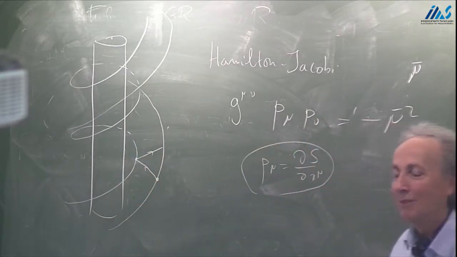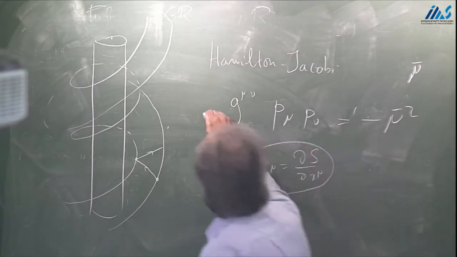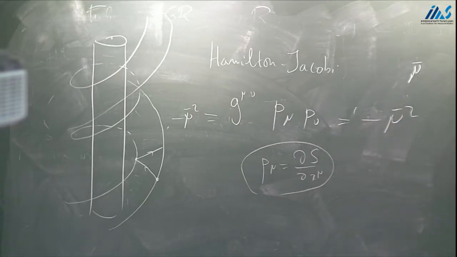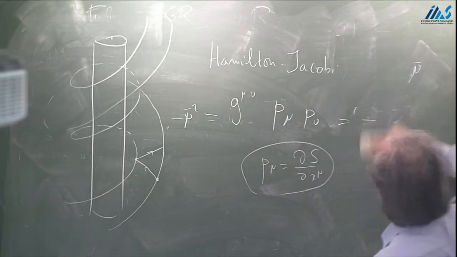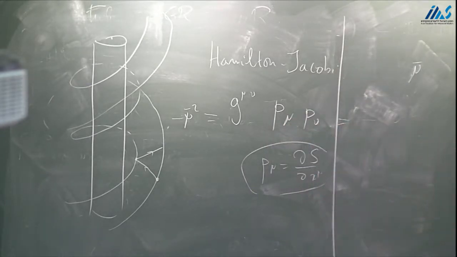You write the Hamilton-Jacobi equation, and then you get immediately an integral for the light bending, okay? But this is not what I want to do. This would be the textbook treatment of experimental tests in the solar system.